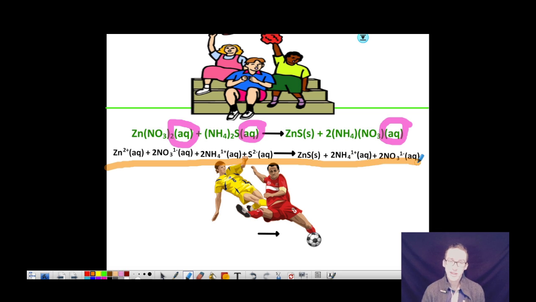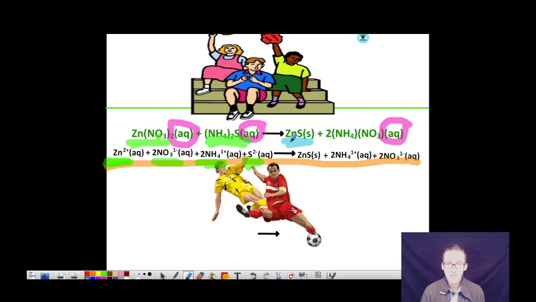Notice that when I did this, I recognize that in my zinc nitrate, there is one zinc ion and two nitrate ions. So when I put that into solution, for every one zinc ion I get, I'm going to get two nitrate ions. Similarly, with ammonium sulfide, I'm going to get two ammonium ions for every one sulfide ion.